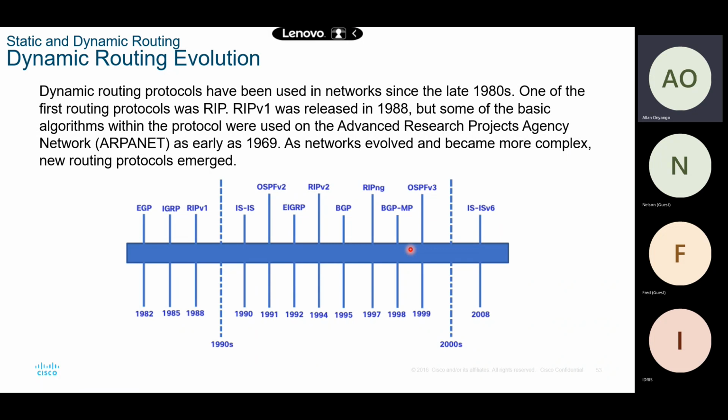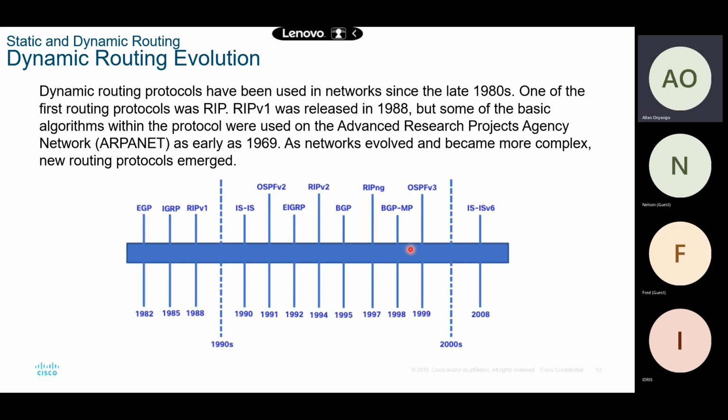In 1992, we had EIGRP, the Enhanced Interior Gateway Routing Protocol. Then RIP version 1 was upgraded to version 2 in 1994. And then for communications between service providers and their clients, we had BGP, the Border Gateway Protocol.